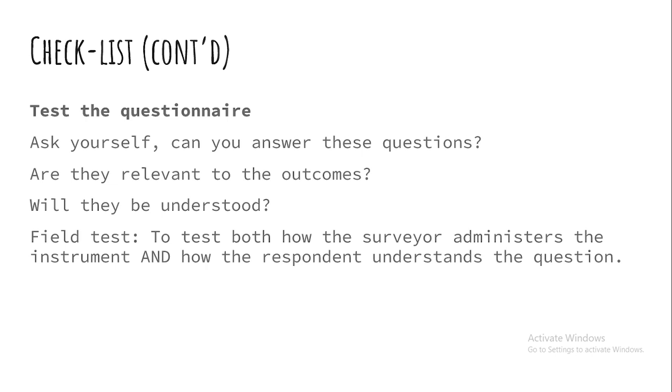A notification is that you can add to the questionnaires, but you cannot change the questions once you've done the survey. So the pilot test or pre-field test is very important for you to ascertain whether the questionnaires and questions are relevant to the outcomes and if they're easily understood.